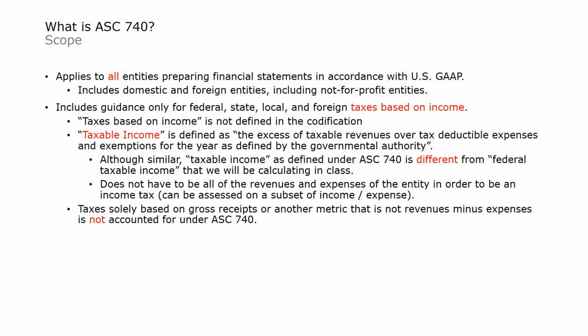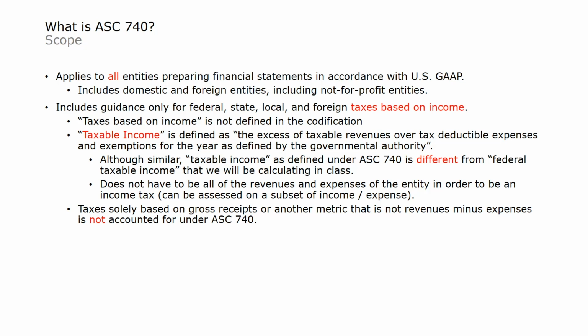And the further and further we get away from the scope section, and the more and more we calculate either federal taxable income or state taxable income or a foreign jurisdiction taxable income. When I ask the question later, how does ASC 740 define taxable income? A lot of people forget that it's the basic definition of excess taxable revenues minus tax deductible expenses.